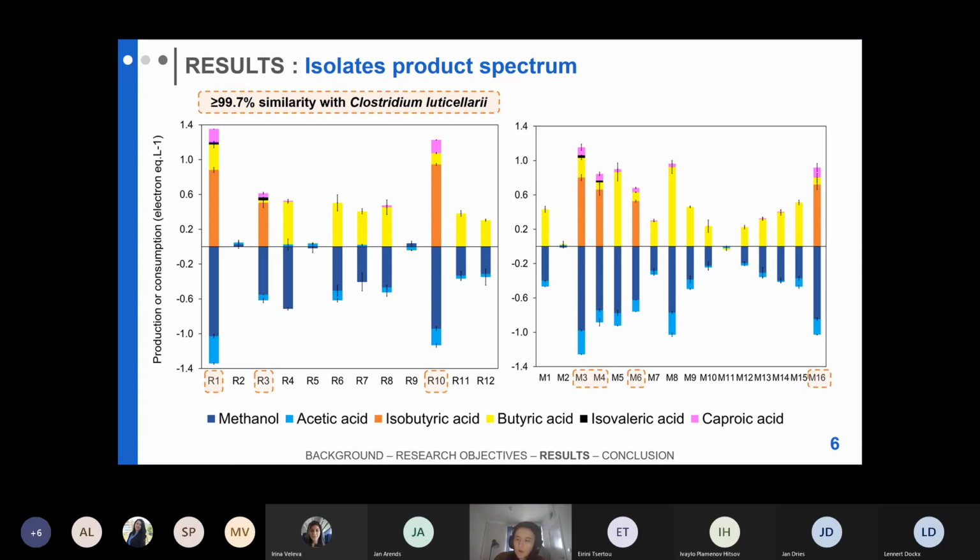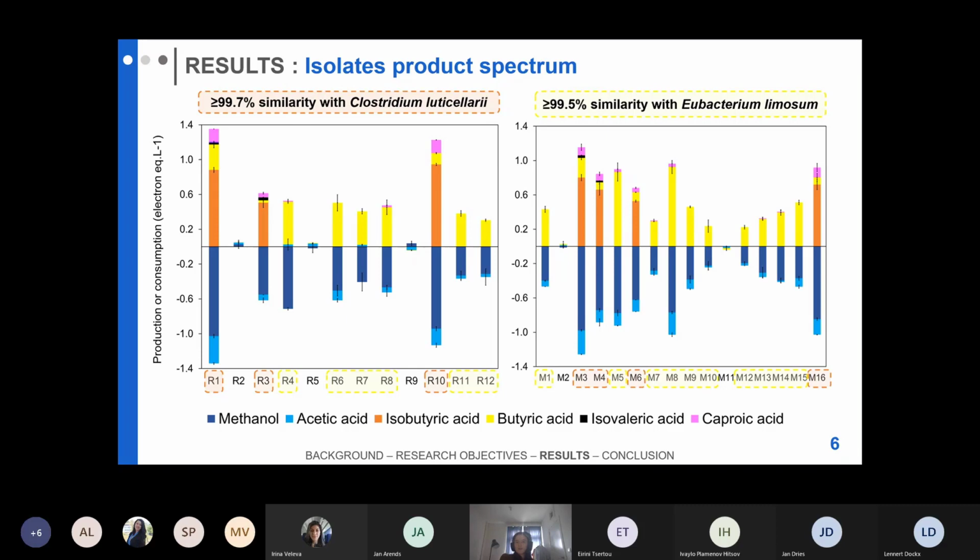Until today, the only thing known about it was that when it was growing on RCM, the rich medium I used for isolation, it was able to produce butyric acid. It had never been grown on methanol or CO2 and hydrogen, and never been shown to produce isobutyric acid.